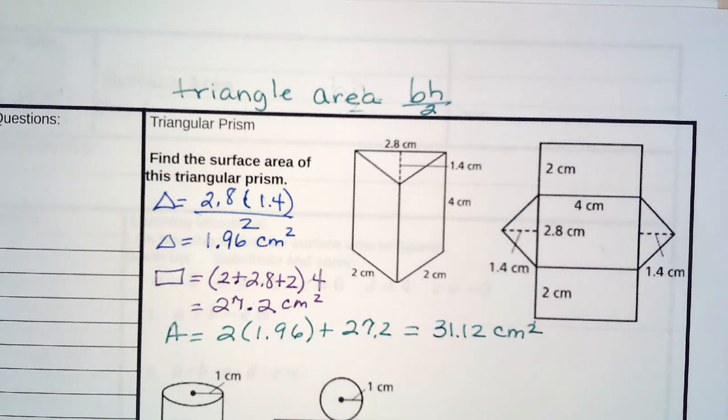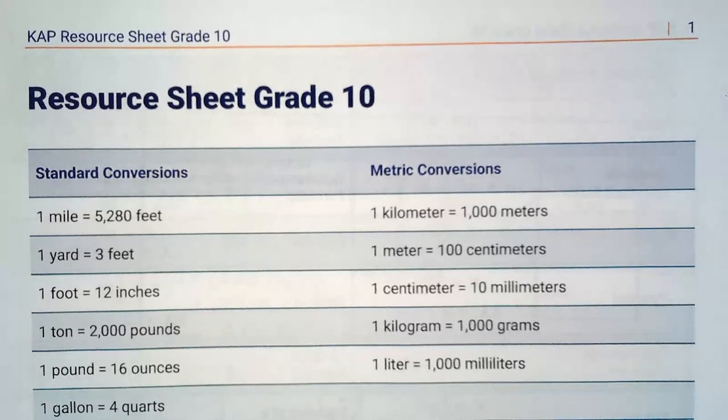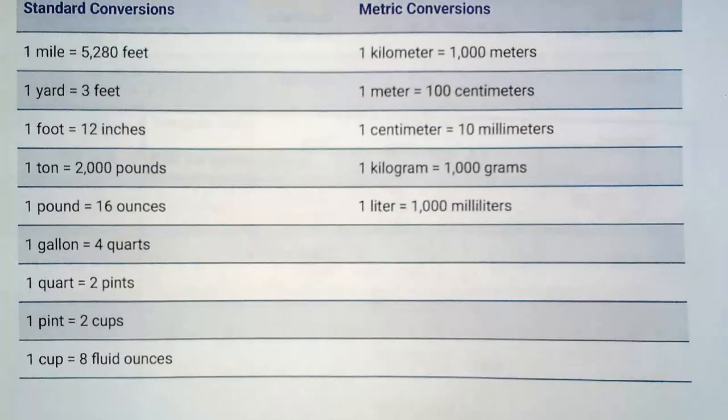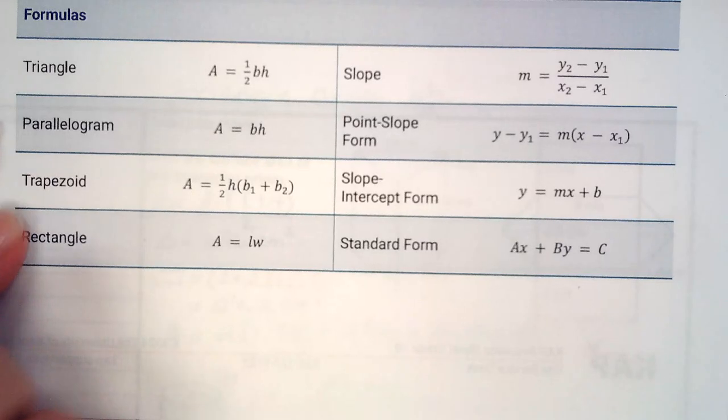For anyone taking the KMA, Kansas Math Assessment, you get this handy dandy resource sheet. So it's got your standard conversions, it's got formulas for area: triangle, parallelogram, trapezoid, rectangle.